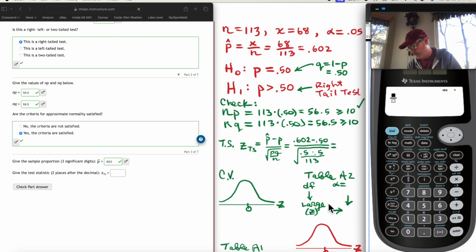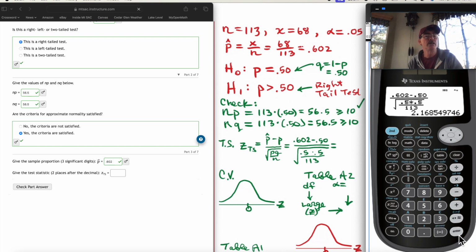All right, so 0.602 minus 0.5 to see how many standard deviations this is from 50%. We're claiming it's more than 50%, so we do have something that's more, but I don't know, that might be within the margin for error. Then divided by the square root of the fraction 0.5 times 0.5 over n, that's 113.